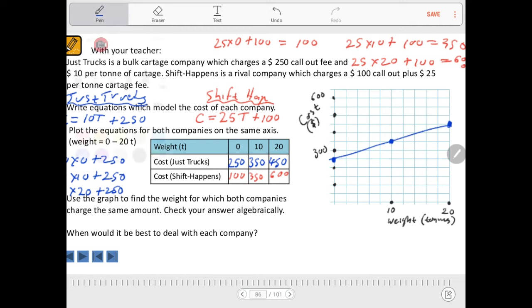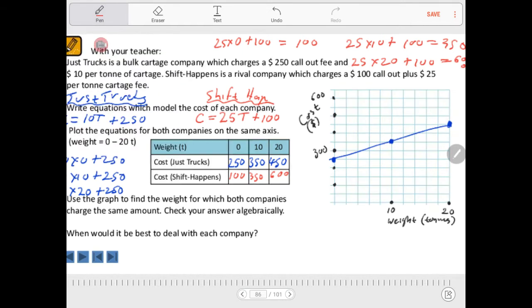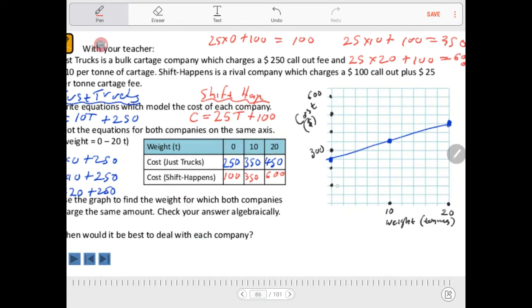Okay, now we'll switch to red for Shift Happens. They start here 0 and 100, then we have that crossover point. Look at that. That's where both companies charge the same amount. And then we got 600, and we should be able to join that with a straight line as well.